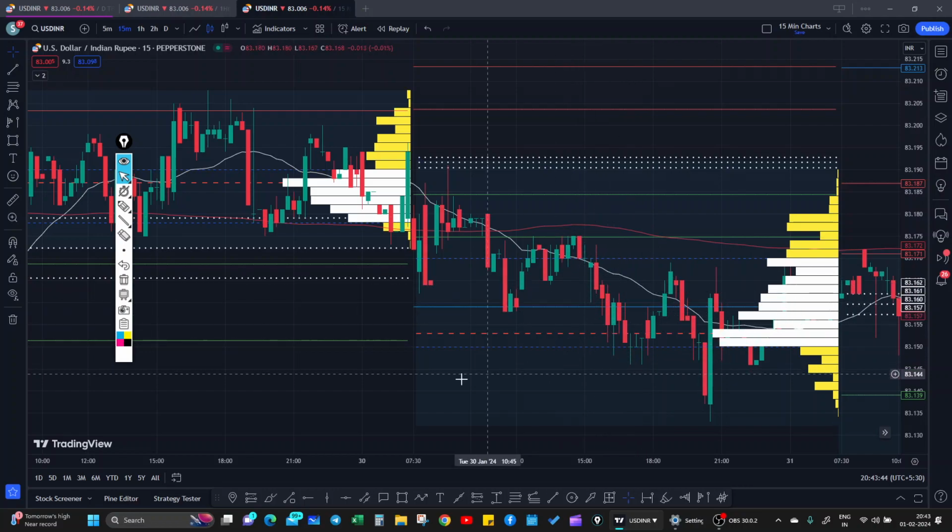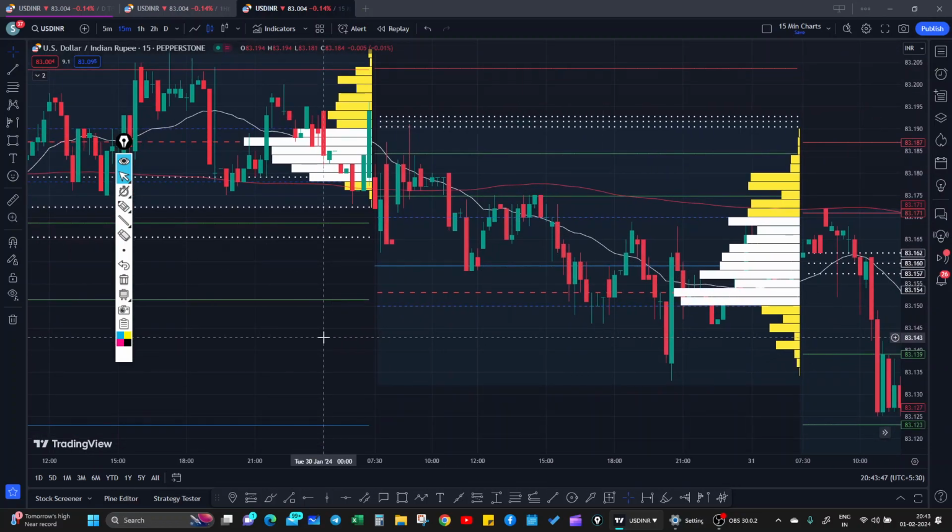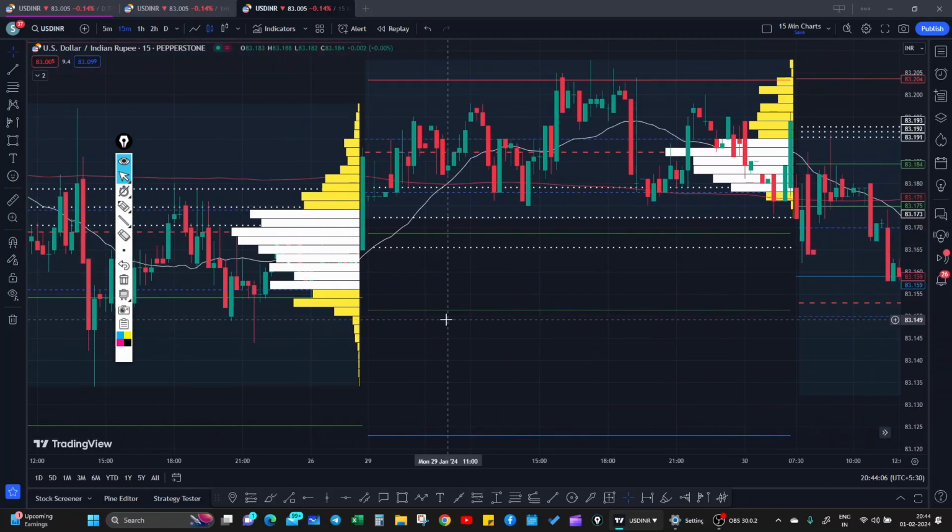So it started moving. Also, if you want a proper target based on that, you would have taken it till the L5, L3 levels. This blue line is an L5 level, so this would be my target overall.